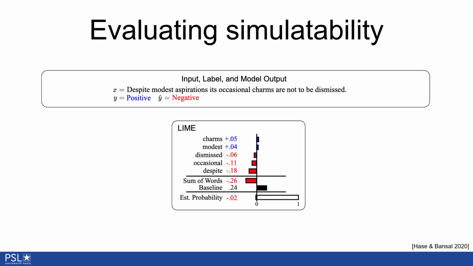LIME then summed the scores for these words and compared them with a baseline. For this instance, the sum was below the baseline, and this provides an explanation for why the original model predicted that the review was negative. This was just one example of inputs, outputs, and explanations provided to the subjects.